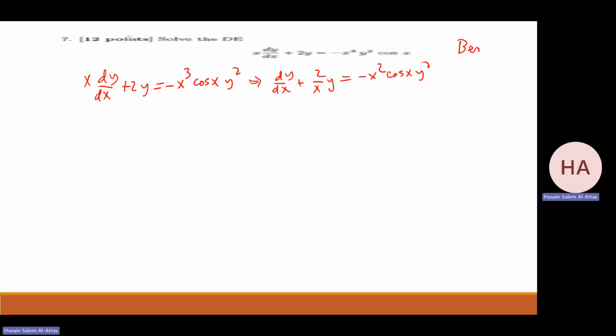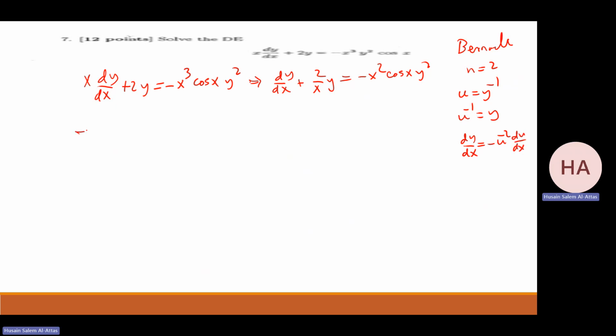So this is Bernoulli with n equal to 2, so y^-1, so u equal y^-1, so dy over dx equal minus u^-2 du over dx.